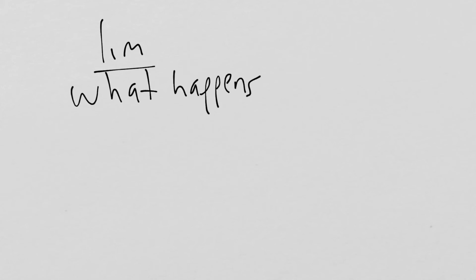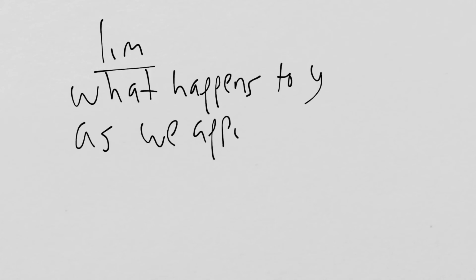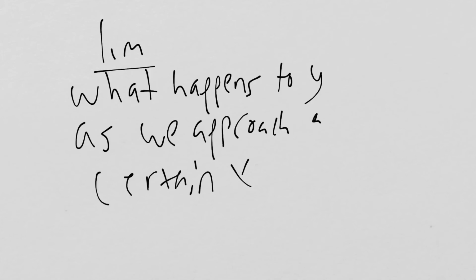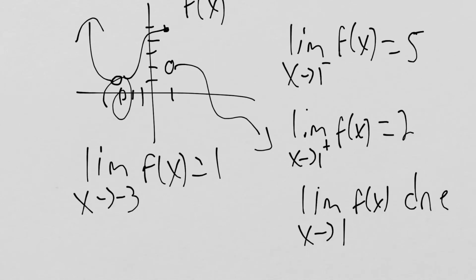So the basic idea of a limit is it's showing you what happens to y as we approach a certain x, right? So what happens to y as we approach a certain x here is it's approaching 1, okay? What happens to y as we approach 1 from the right is it's approaching a value of 2.